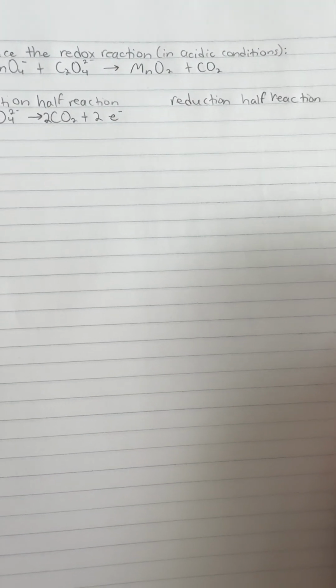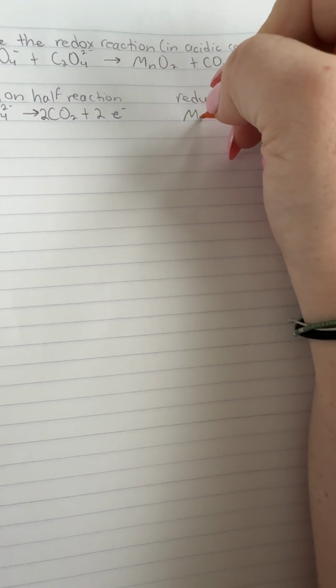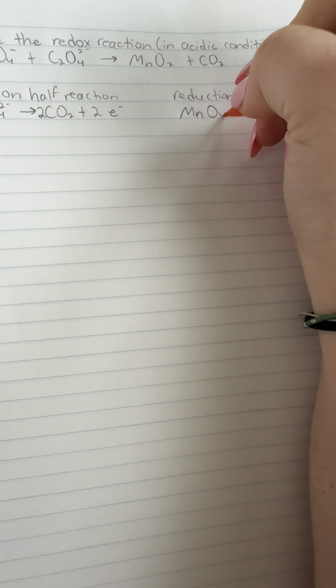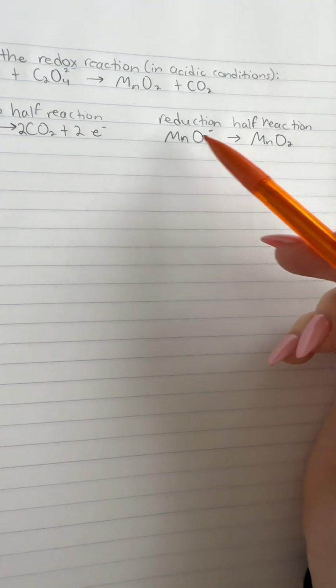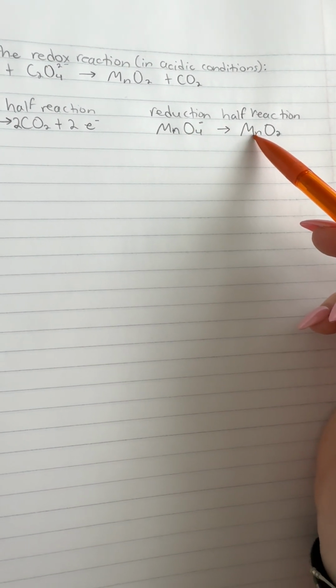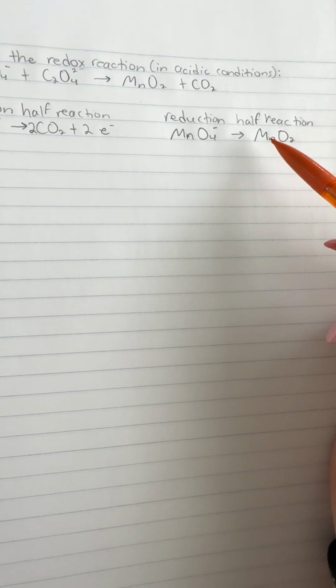If we go to our reduction half reaction, we have MnO4 with a negative charge becoming MnO2. So these are already balanced, but our oxygen isn't.